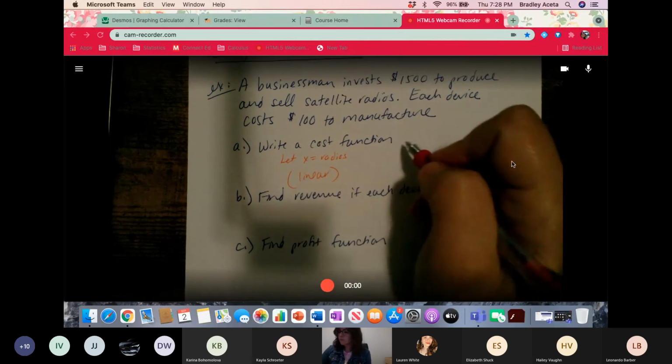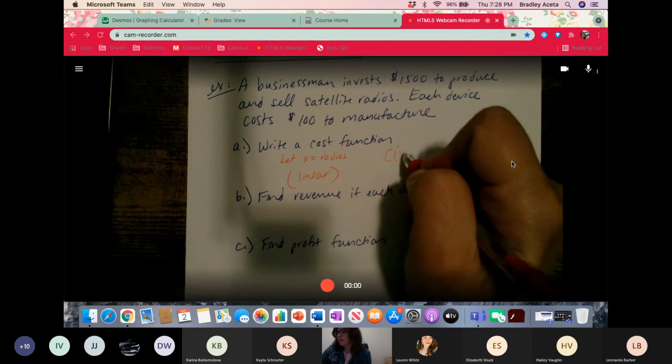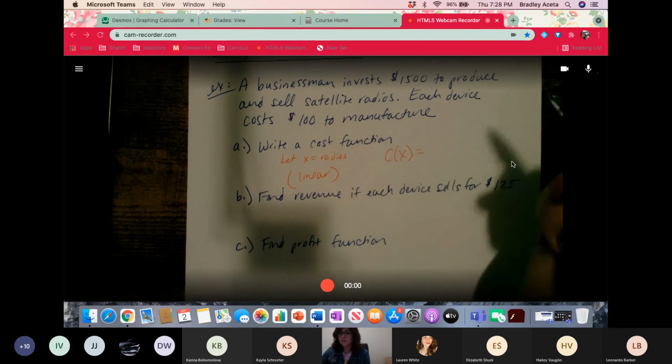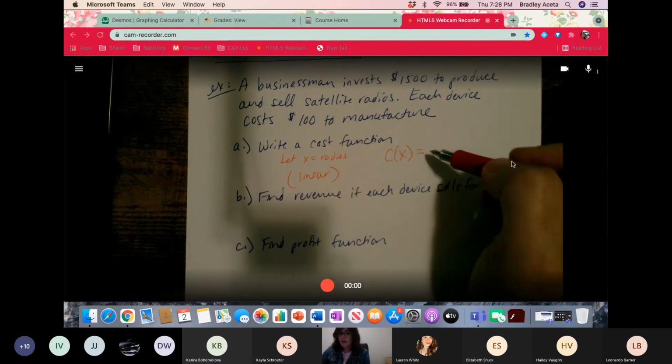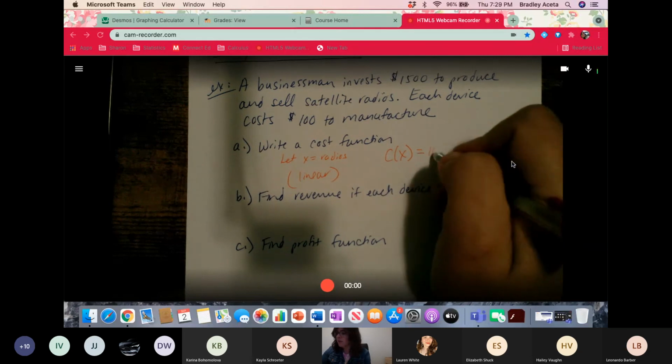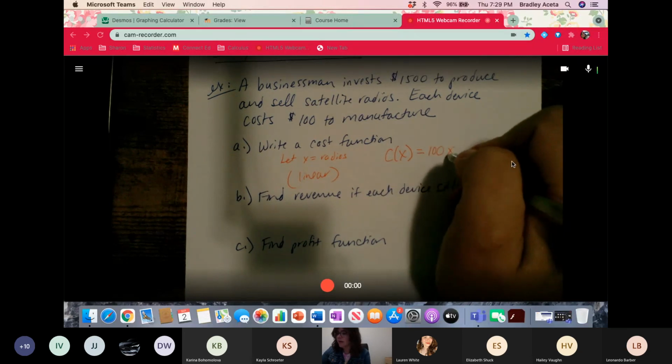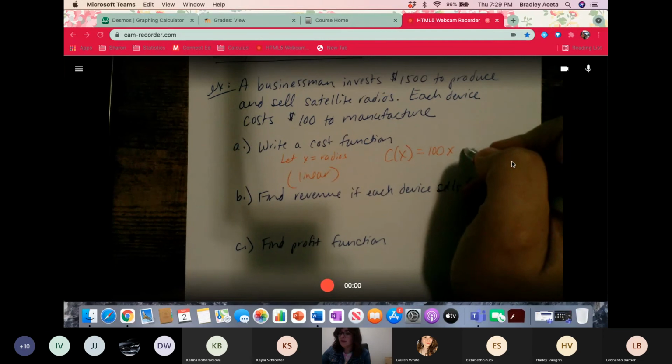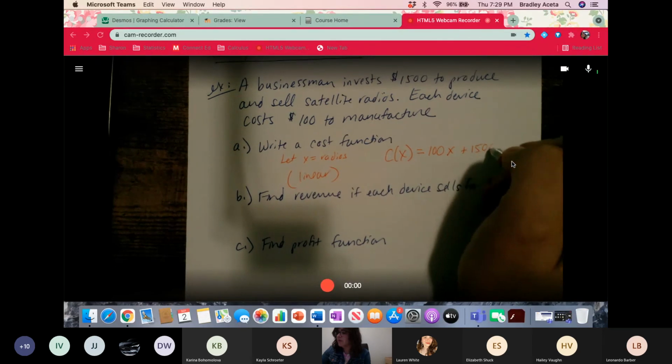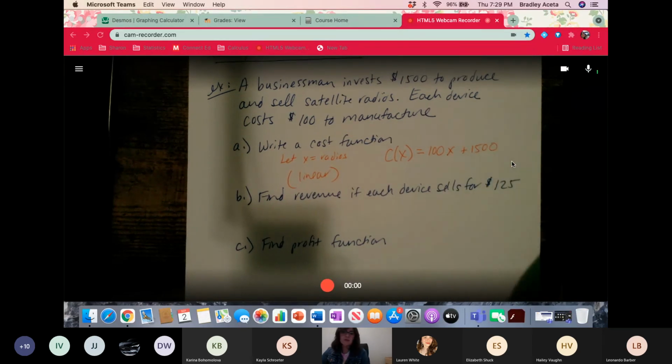So C of x equals m, the amount it costs to manufacture each one, $100 per radio, and then the fixed price b, our $1,500, because we had to invest $1,500.